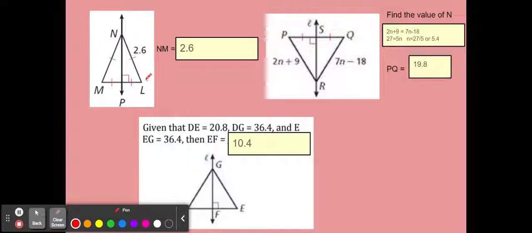NM, NL. Again, notice it's perpendicular because of the box. And the two tick marks here tell us it's a bisector. So we know NP is a perpendicular bisector.